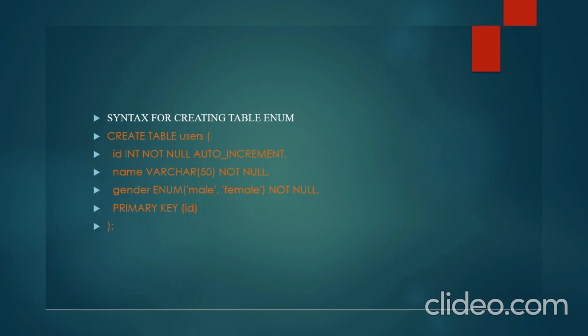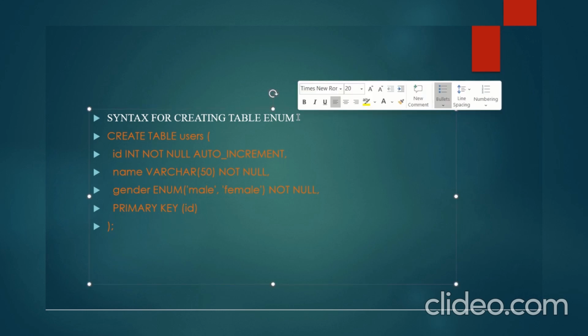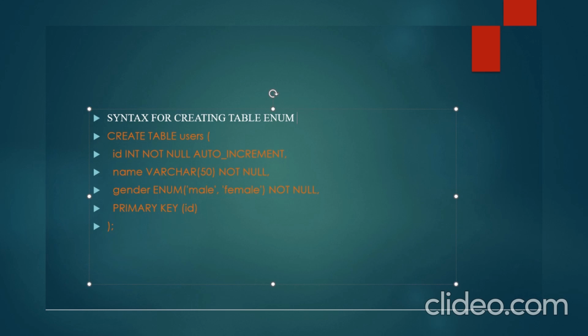CREATE TABLE users (id INT NOT NULL AUTO_INCREMENT, name VARCHAR(50) NOT NULL, gender ENUM('male', 'female') NOT NULL, PRIMARY KEY (id)). In the above example, it creates a table users, and the columns are id, name, and gender.